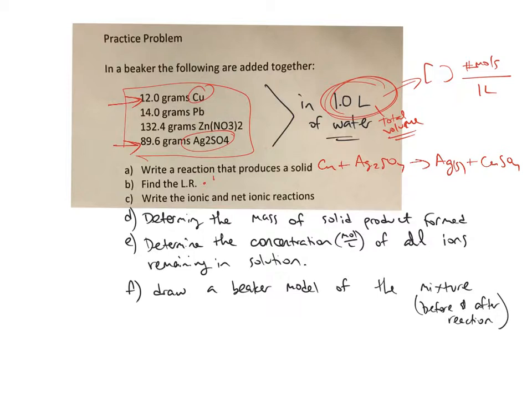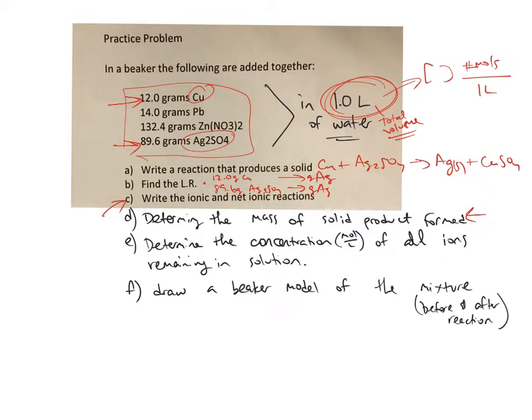We would start from the 12.0 grams of copper and from the 89.6 grams of the silver sulfate, and take those and get to a product. It wants to know later the mass of solid product formed, so I would just aim for that silver. So you would figure out how many grams of silver, pick your limiting reactant, and then for part D you would have already determined your theoretical yield, or your grams, so that's done.